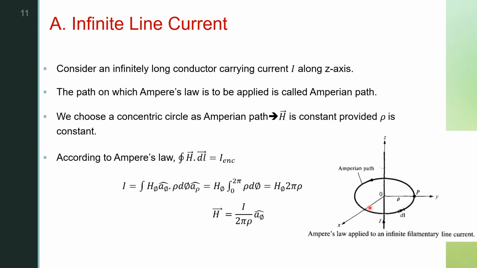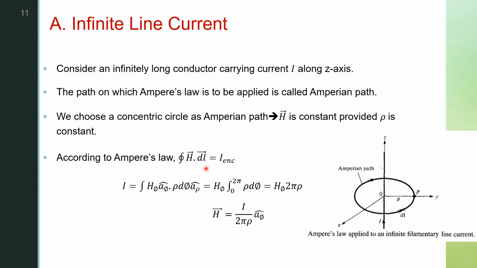We choose a concentric circle here as the Amperian path, and H is constant provided rho is constant. So now let's apply Ampere's law. Here we assume this concentric circle encloses the entire current flow so that we can apply Ampere's law.